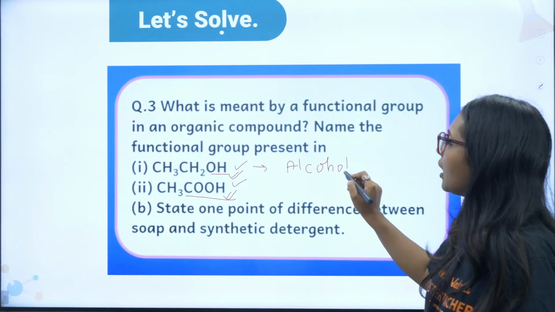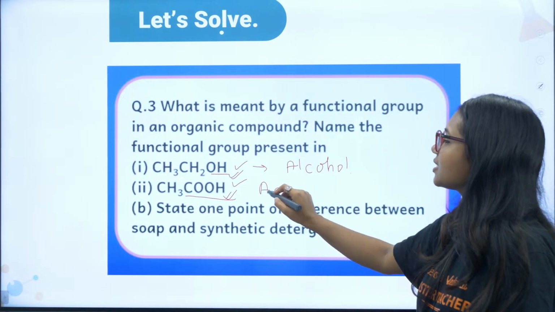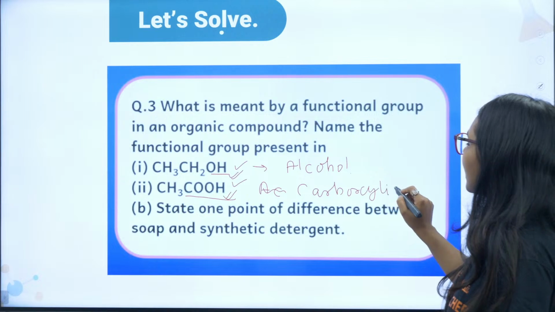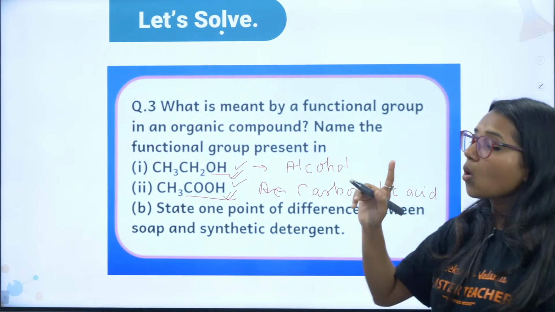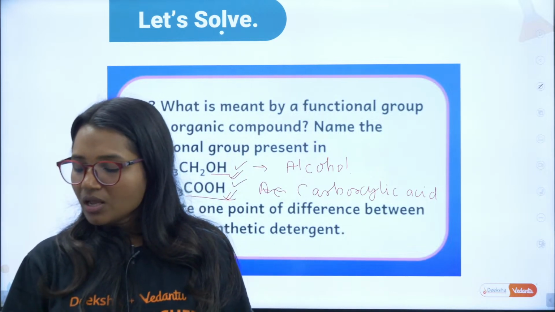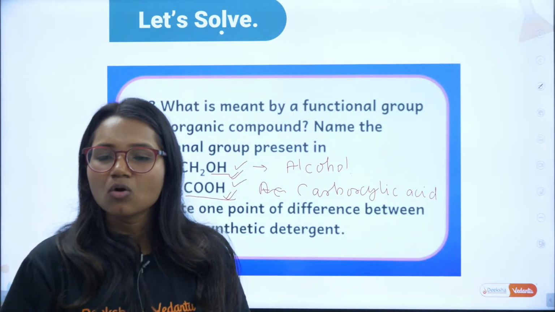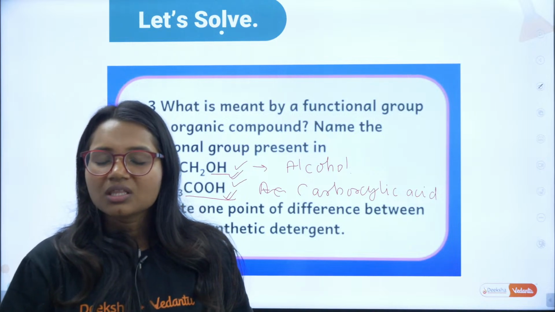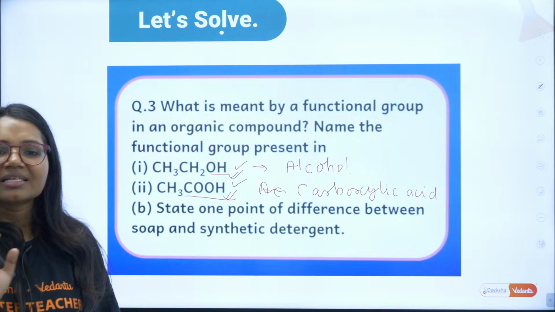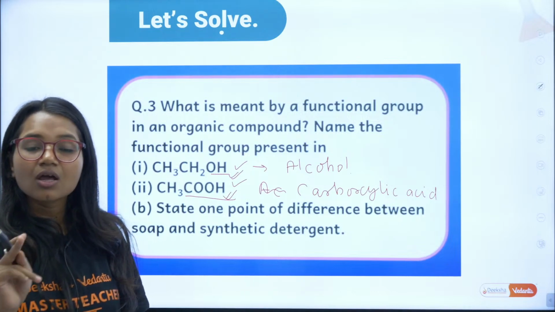It is alcohol and this is your carboxylic acid. Correct? Yes. OH group is for alcohol. Yes, very good. Very good, Nirmal. Very good, Dhanush. Very good, Ruchita. Sumukt. Absolutely correct. So, first one is alcohol. Second one is carboxylic acid.